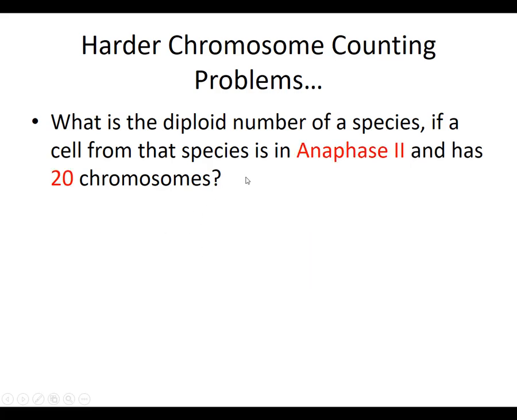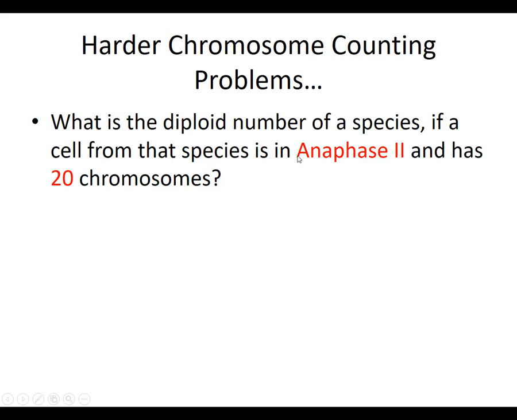Now, this question, you really have to think through your events of cell division. What's the diploid number of a species if a cell from that species is in anaphase 2 and that cell has 20 chromosomes? Now, a cell in anaphase 2 will have monad chromosomes.